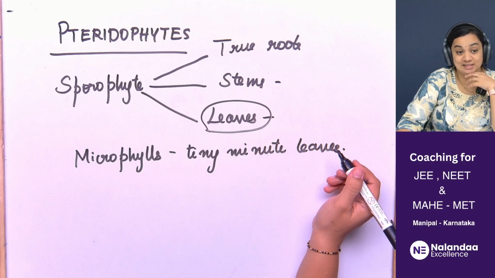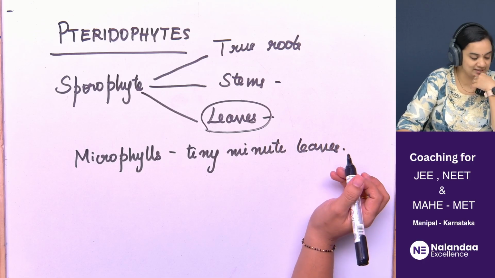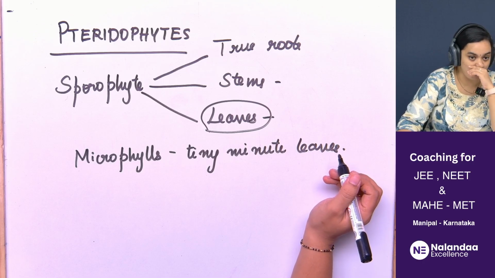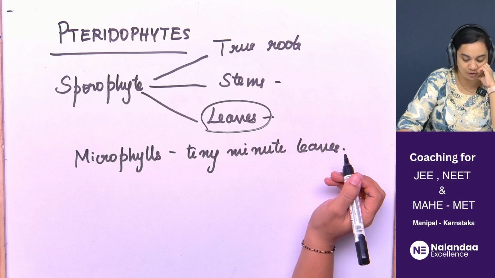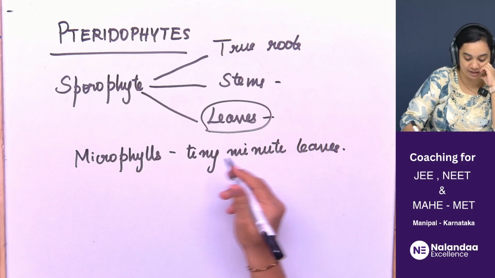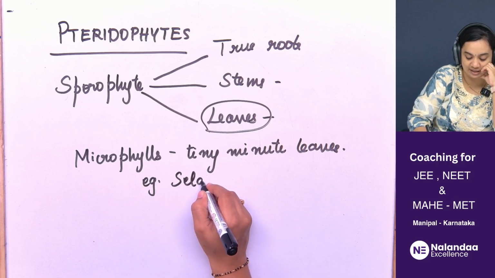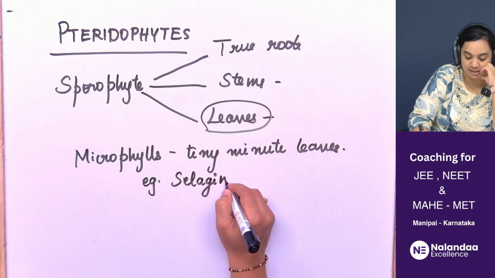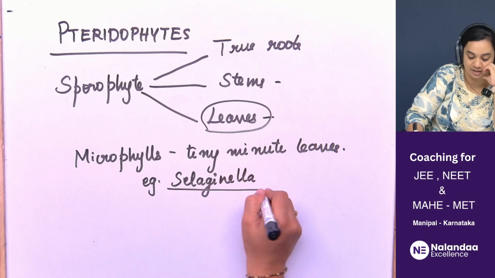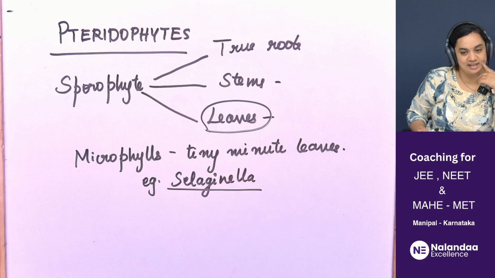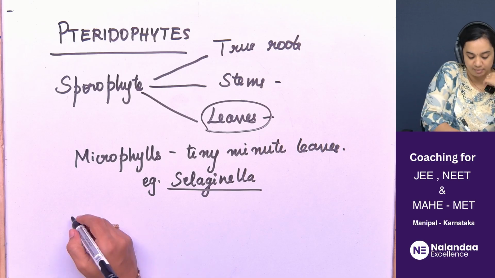So depending on the size of the leaves, pteridophytes can be microphylls or macrophylls. So microphylls are tiny minute leaves, as seen in members like Selaginella. Selaginella is one pteridophyte where the leaves are very tiny. Okay, so those are microphylls.